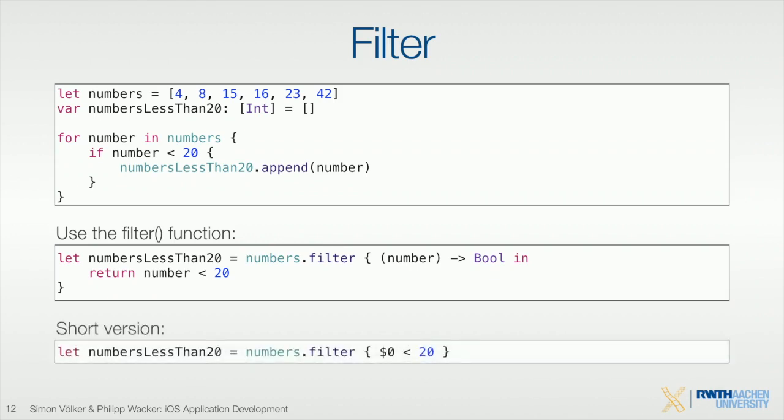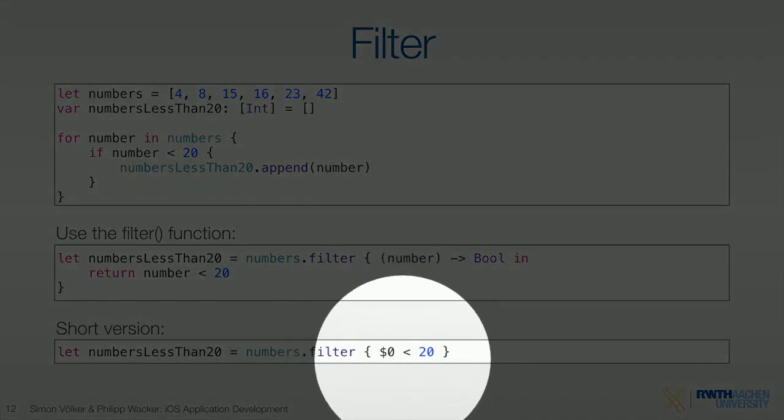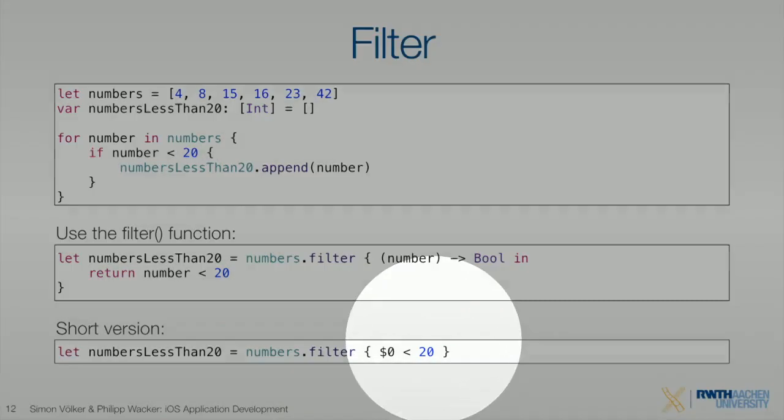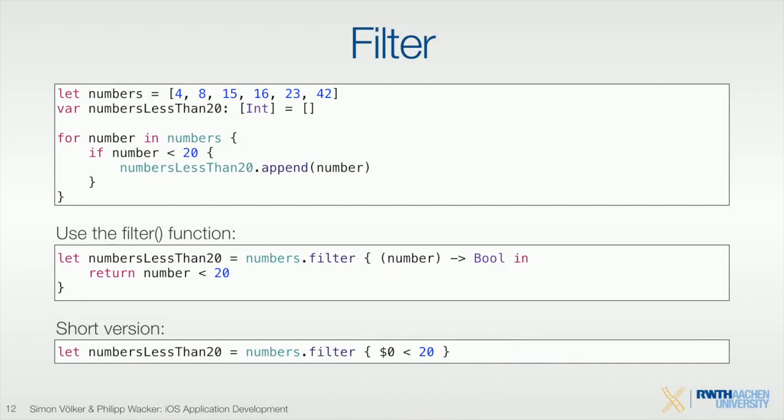And similarly, I can simplify that: I just have the comparison of the element to my rule. So I just have $0 less than 20.